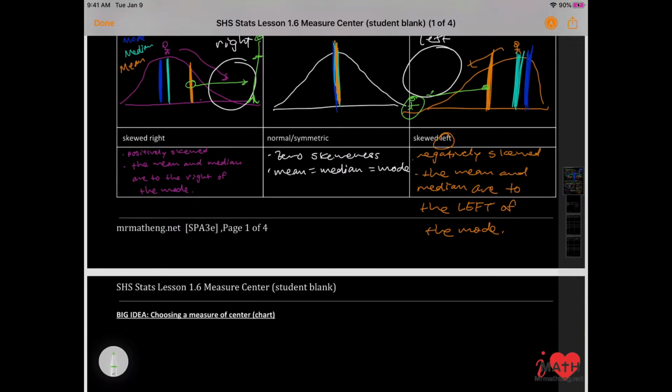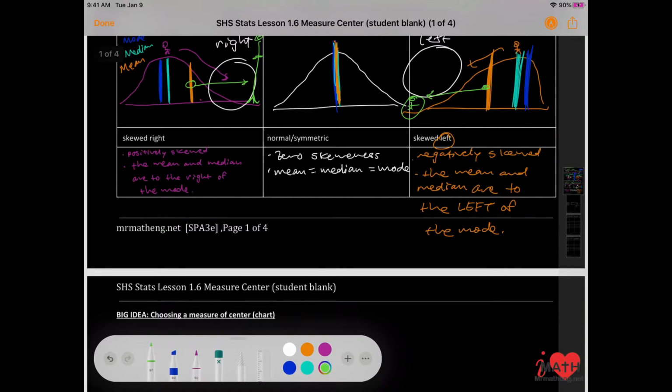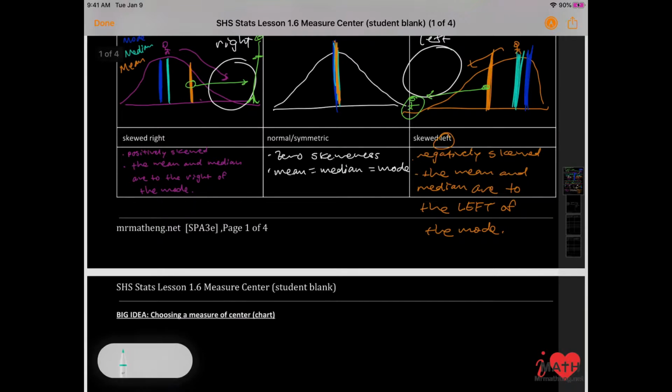It can be pulled. The numbers get pulled. Okay? Another way of explaining it is the median is resistant. It's not going to get pulled so much by an outlier, someone who's super tall or super short.